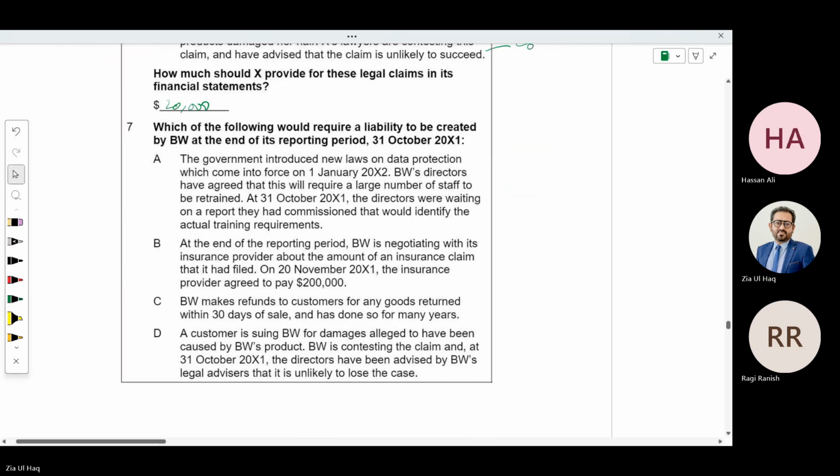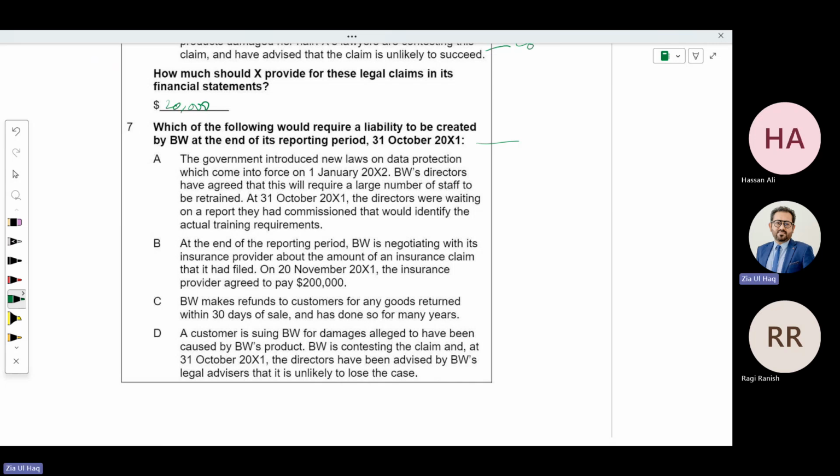Number 7. Which of the following should require a liability to be created by BW at the end of its reporting period? The government introduced new laws on data protection, which come into force on 1st January 20X2, after the year end. BW's directors have agreed that this will require a large number of staff to be retrained.